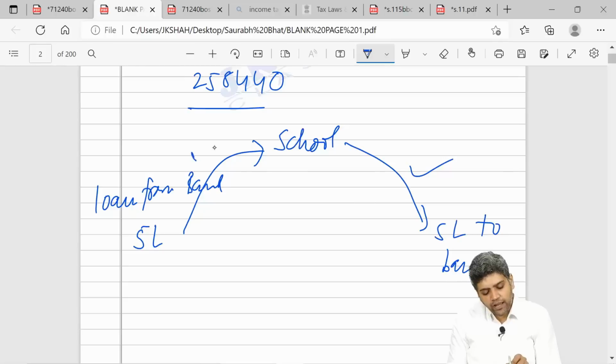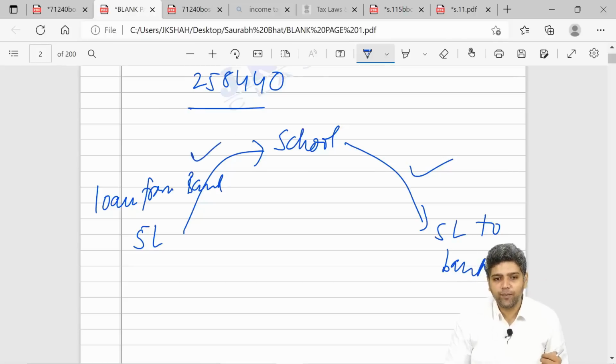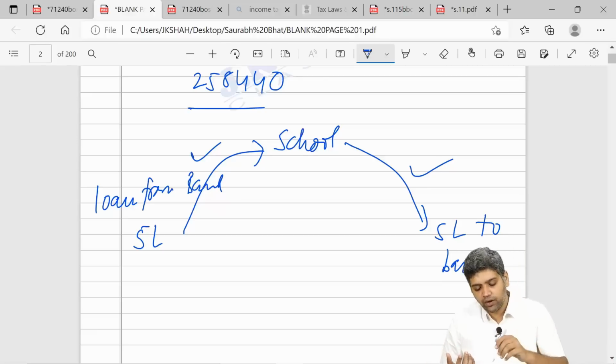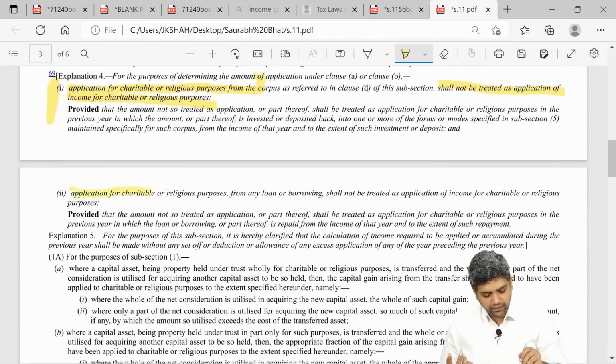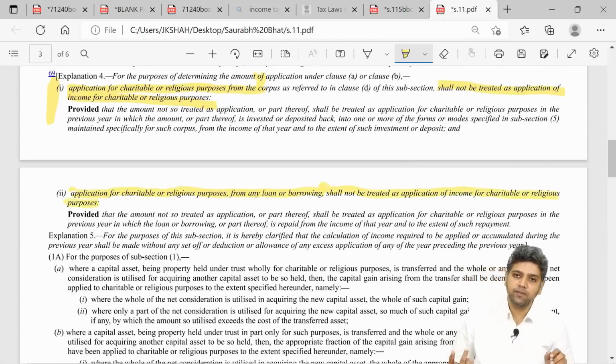Now again, if you take the utilization as application, there is a double benefit, because you utilize the amount, you claimed it as application, now you repay the amount, again you claim it as application. So government said sorry, double benefit cannot be allowed, and as a result they added that any application of income from loan or borrowing shall not be treated as application of income for charitable or religious purposes.